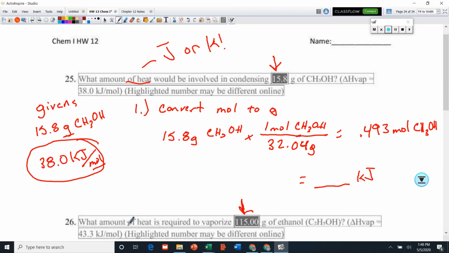So we have 0.493 mole, and that's kilojoules to mole, so we have 38.0 kilojoules per 1 mole. So 0.493 times 38 will give you your answer.